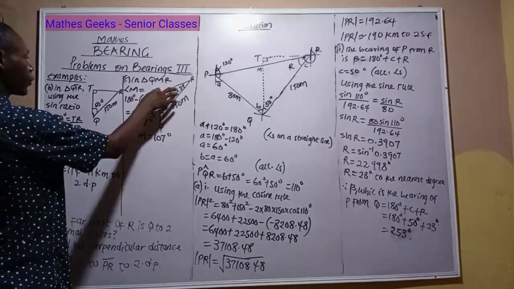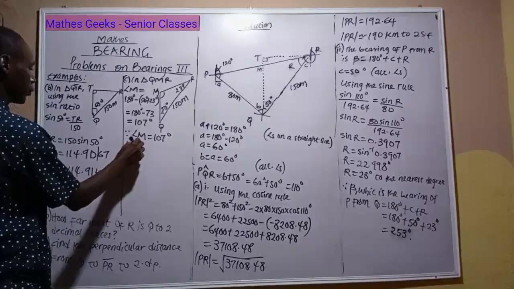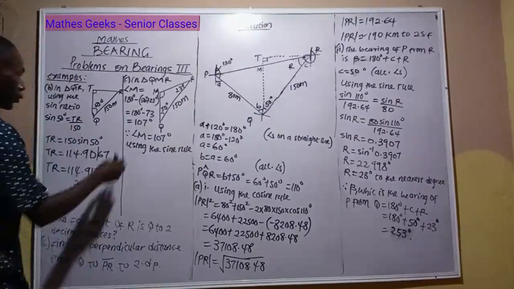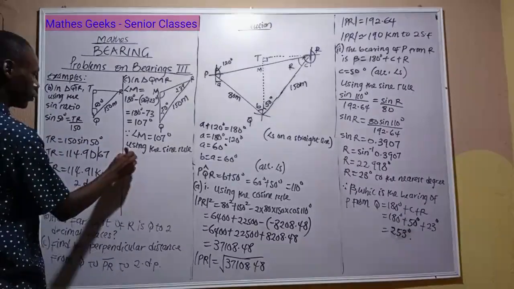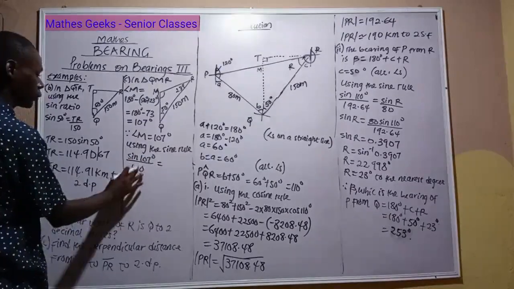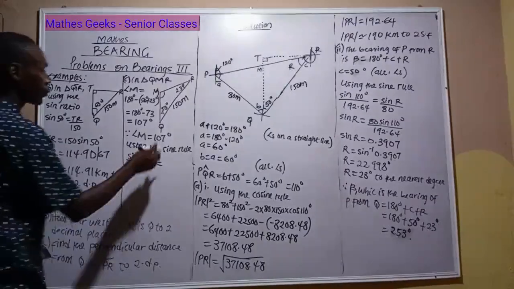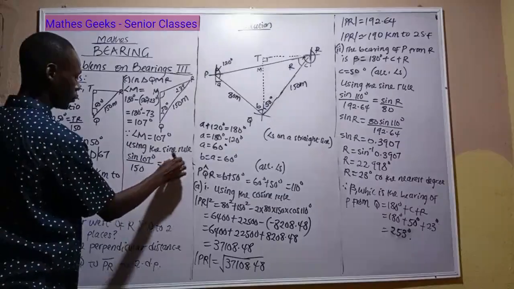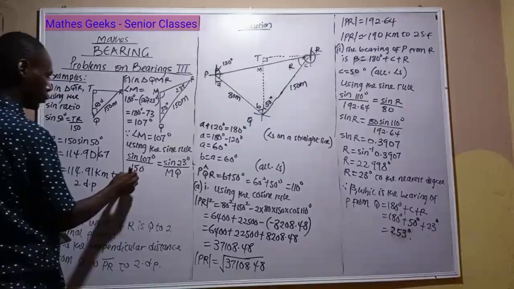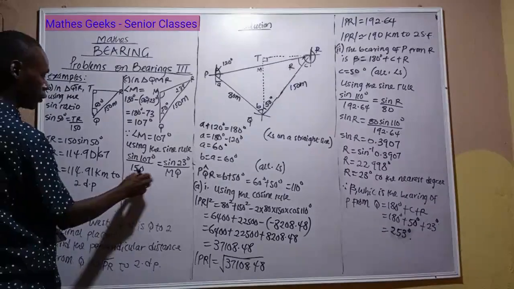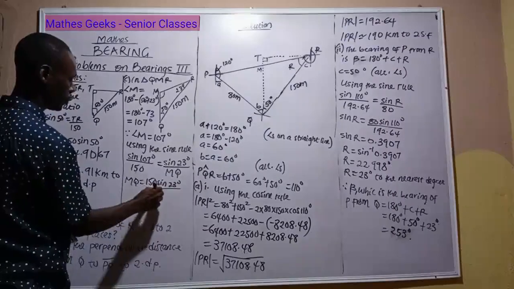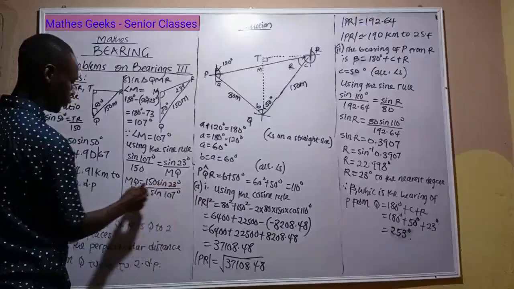Okay, so now we are looking for MQ. Using the sine rule, we need to have sine 107 degrees over 150 is equal to sine 23 degrees over MQ. So line MQ is equal to 150 sine 23 degrees over sine 107 degrees.